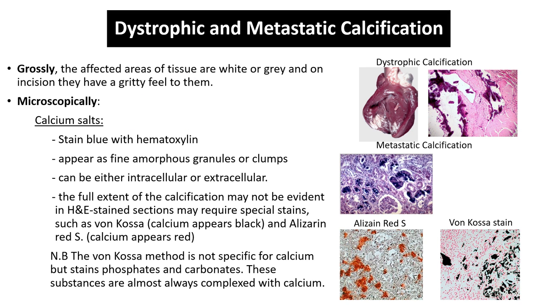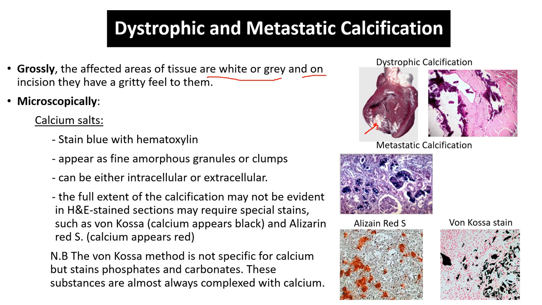Okay, then how are we going to know there is calcification in the organ? Grossly, the affected areas of the tissue would look white or gray, like you see here in the myocardium. There is a white area in the myocardium, and this represents calcification.